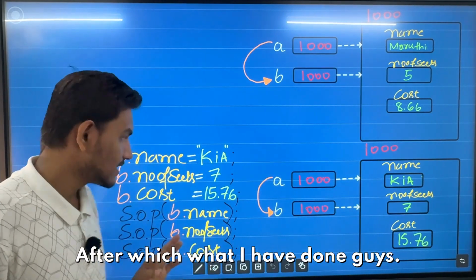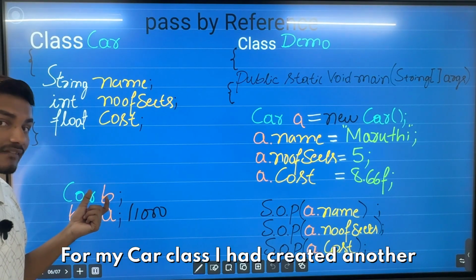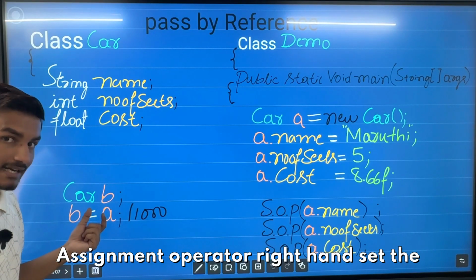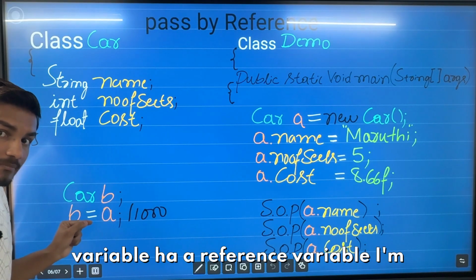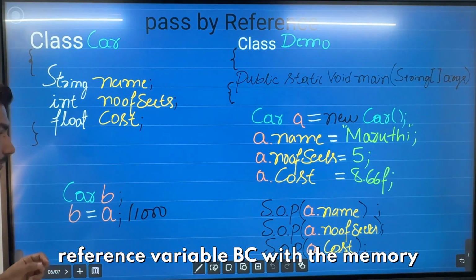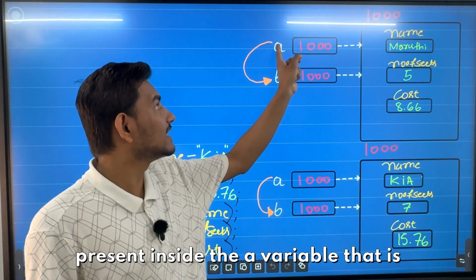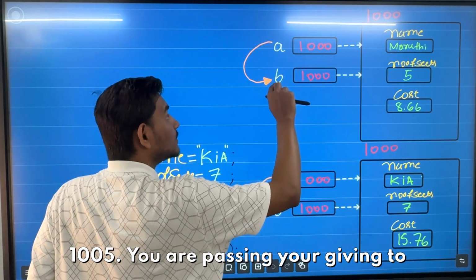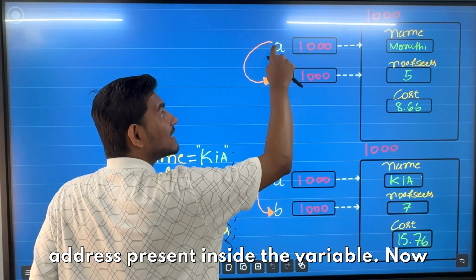After which, what have I done, guys? For my car class, I created another reference variable, B. Now, assignment operator, right-hand side. The address present inside the A reference variable, I am passing to the another reference variable B. From the memory point of view, the address present inside the A variable, that is 1,000, you are giving to the another reference variable, that is B. Now B is holding the 1,000, the address present inside the A variable.